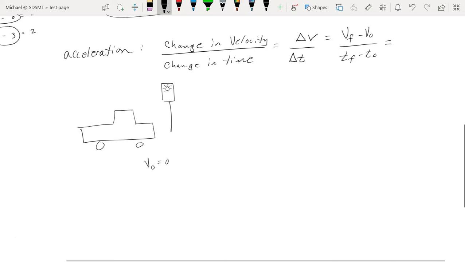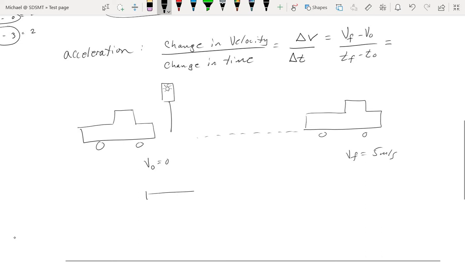But then the light turns green, and you're going to accelerate for a certain amount of time until your vehicle reaches a final velocity of 5 meters per second.